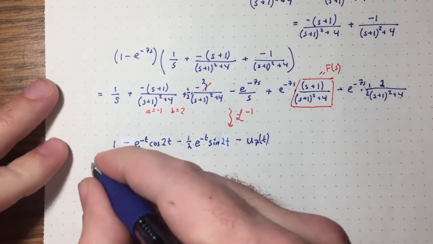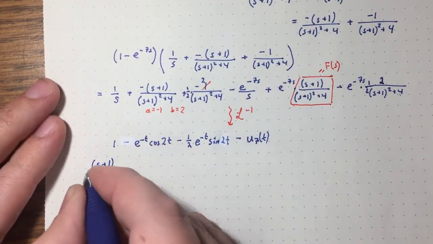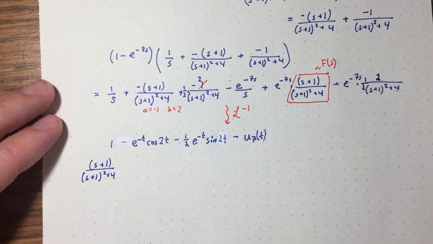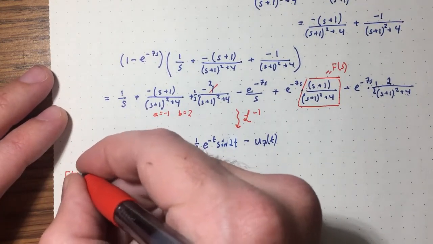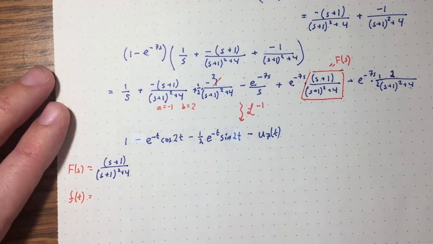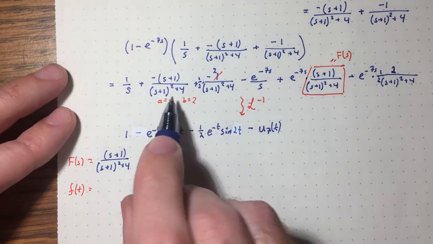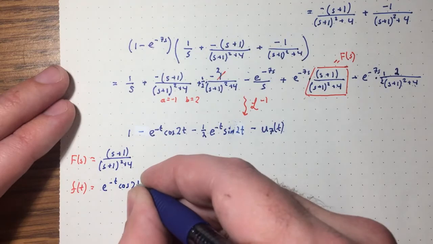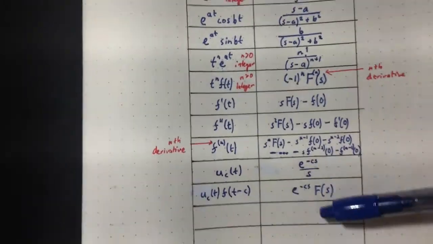So let's just do this very precisely. If this is capital F of s, then little f of t is going to be, well, we did that before, right? That's e to the minus t times cosine 2t. But that's not what's in the formula, right?